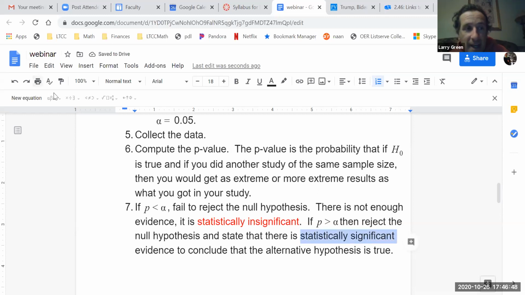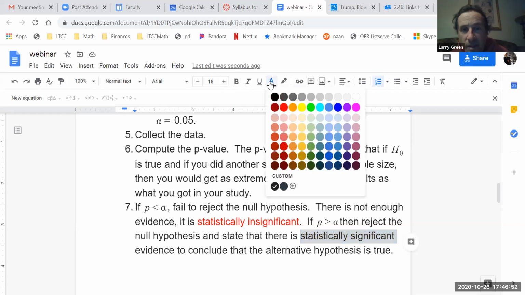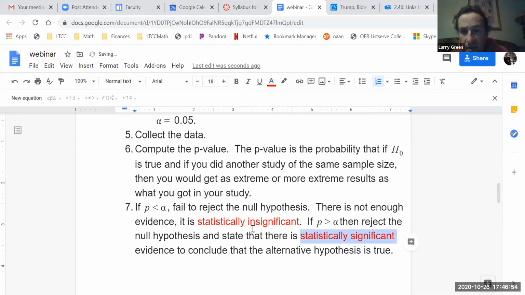And I want to highlight that because it's very important. So again, if we have a p, wait a minute, I have it backwards, sorry.